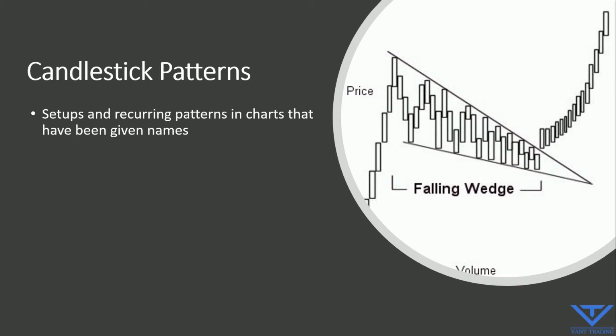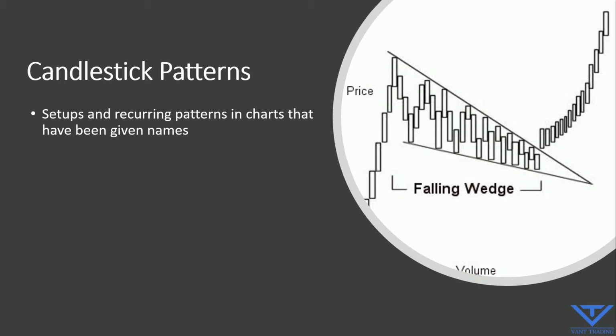You could see them if you use bar charts, and in some cases, not all of them, you could see them on a line chart maybe. But we just use candlestick charts, and largely they were used with candlesticks when a lot of these names were given, so it's just how it is.